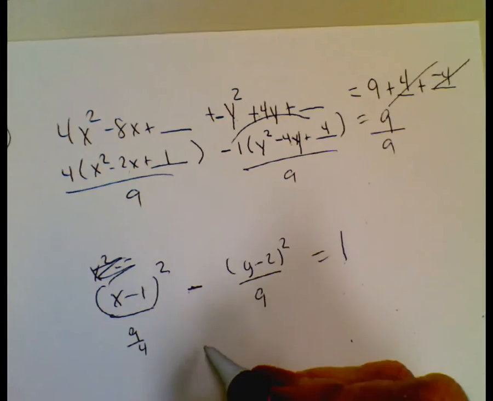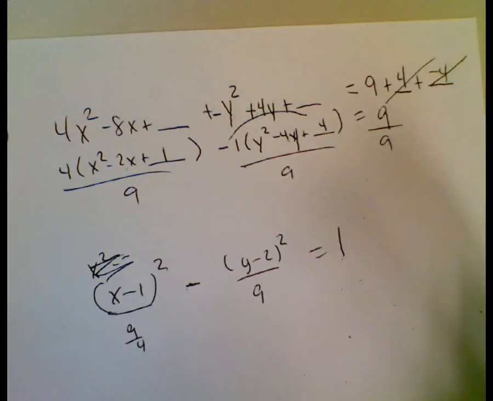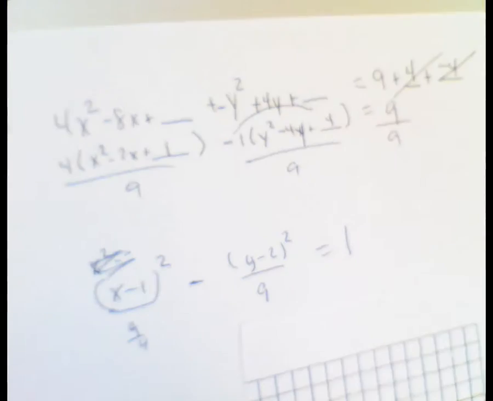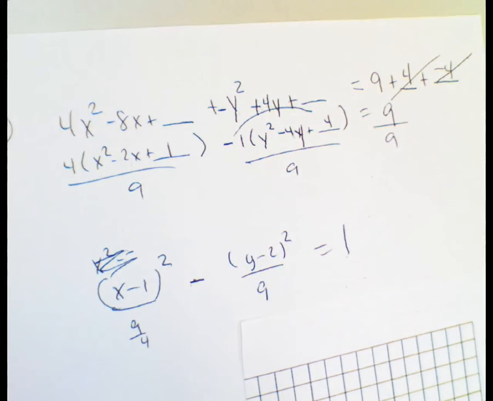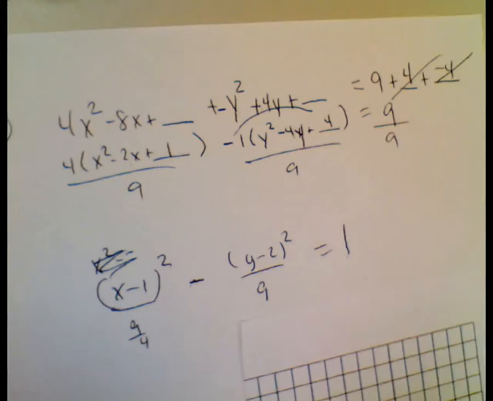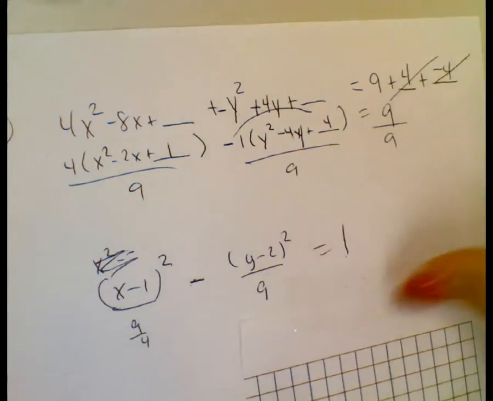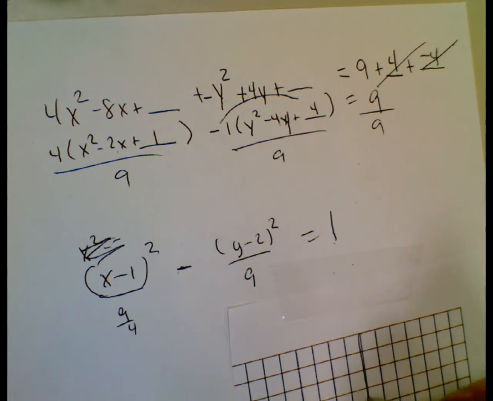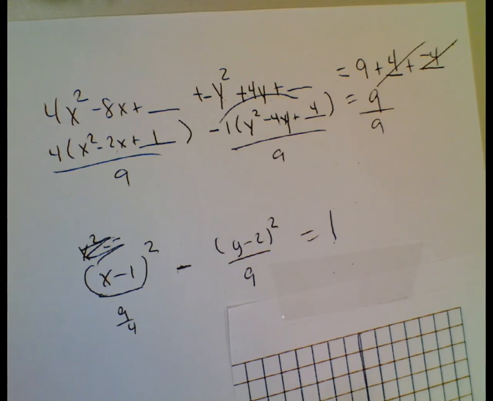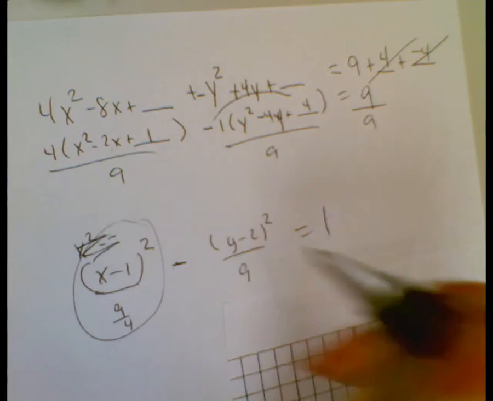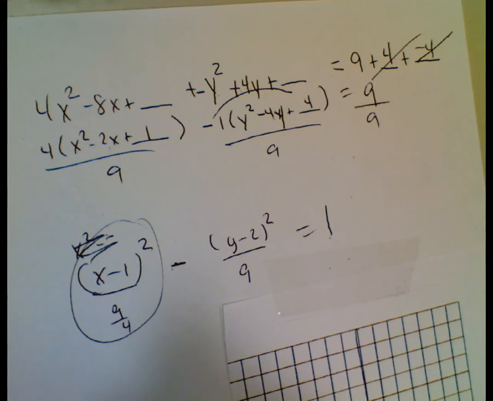From 14, you got a center. Let's get this graph ready. Okay, the center is 1, 2. Now the a squared is equal to 9/4.